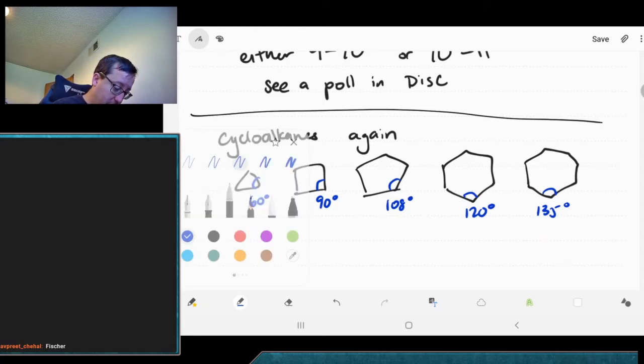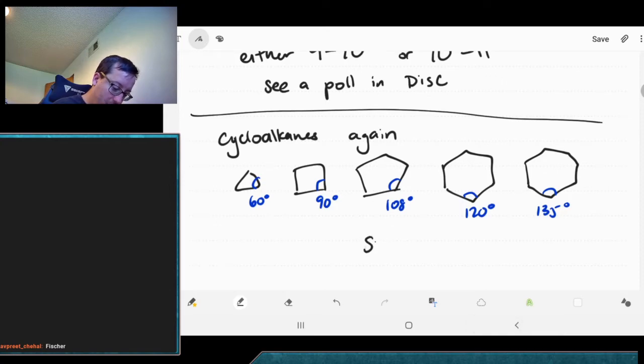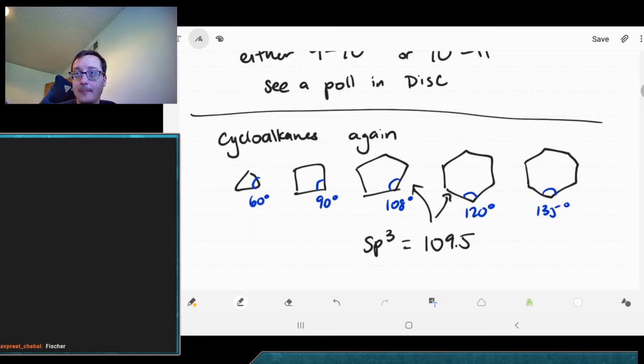Carbon should have a bond angle of 109.5, right? That's our tetrahedral bond angle, which is somewhere in between these two. And indeed, we do see that these are the most two stable ring structures.